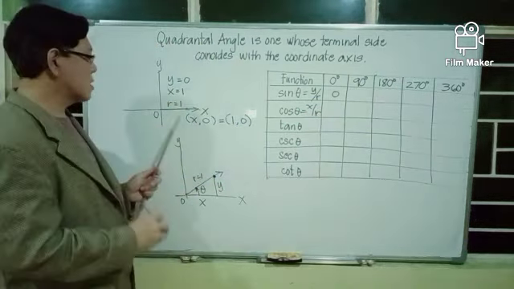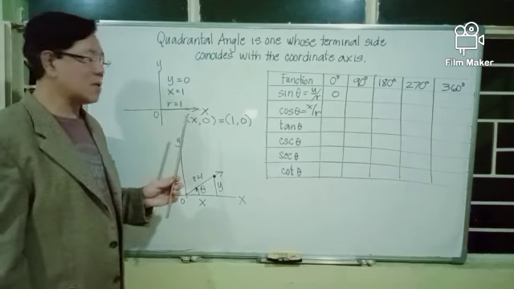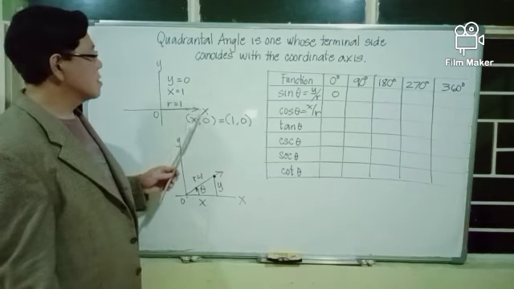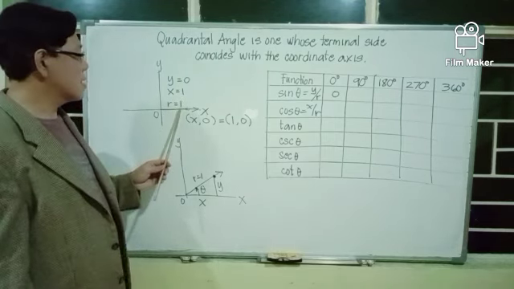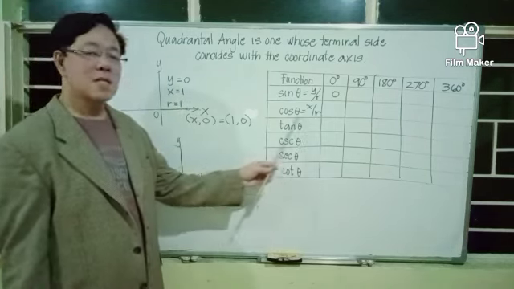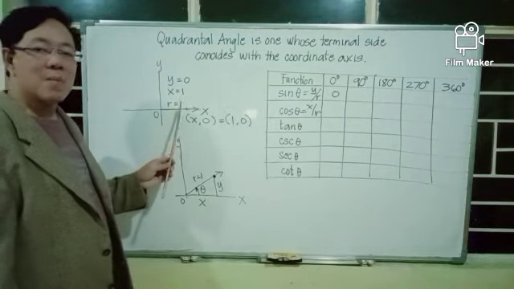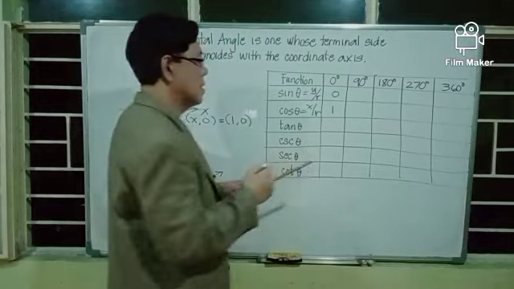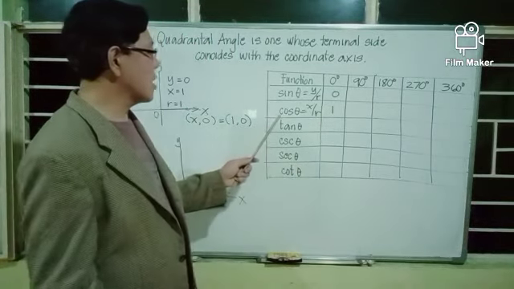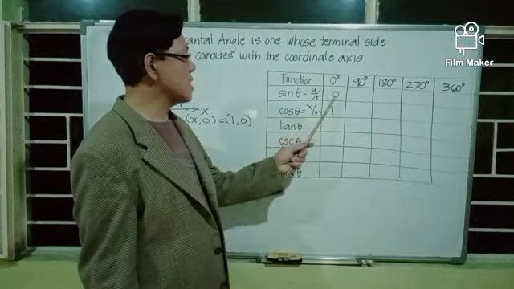For the quadrantal angle 0 degrees, x is 1 and the radius vector r is 1, and 1 divided by 1 is 1. Thus, the cosine of 0 is 1.